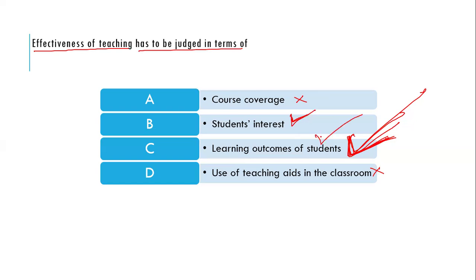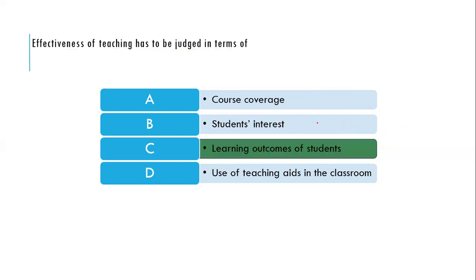Outcomes like passing percentage or score of the students, or if the students have gone the extra mile to complete anything like a paper presentation on a topic, attending seminars, workshops, or learning new skills on that particular thing. So outcomes of the students are important. Effectiveness of teaching has to be judged in terms of learning outcomes of the students. That would be the right option.